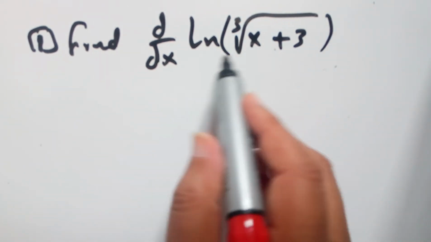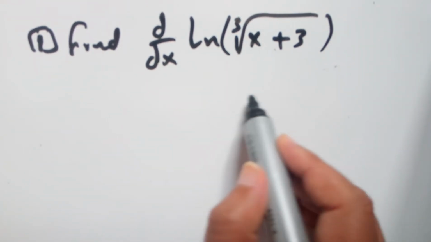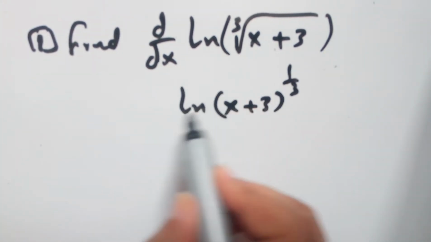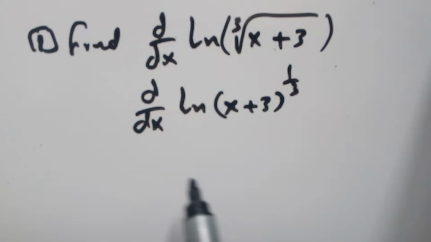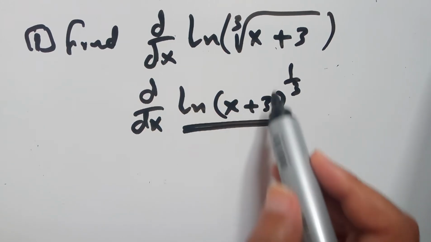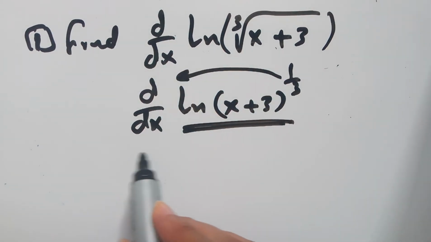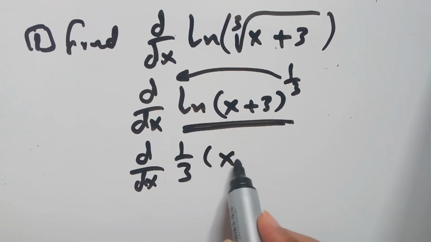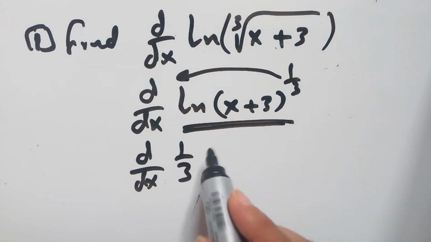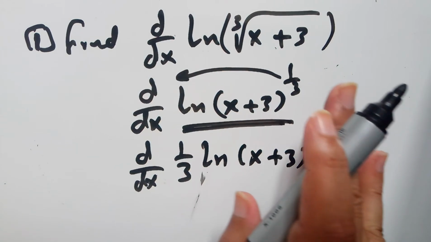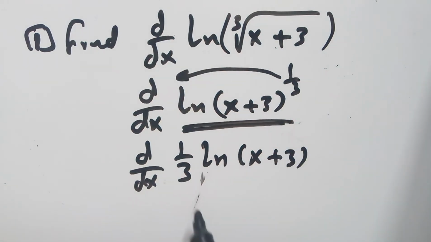Here you can change the cubic root of x plus 3 to (x plus 3) all to the power third, and this is ln, and d/dx here. Now you can apply what? The rules for the natural logarithm. You can take third out here. It will be d/dx for a third ln of (x plus 3) all to the power third. We take third down before ln. Now I think this is a simple form to me.